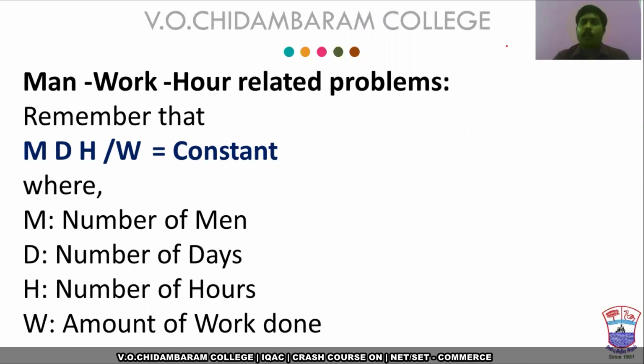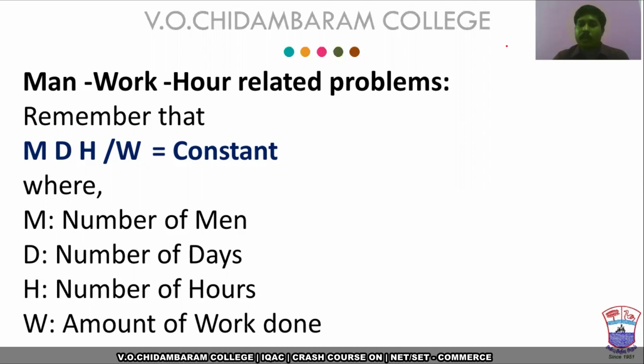That is, for 2 works x and y, M1 is the number of men, D1 is the number of days, H1 is the number of hours, and W1 is the amount of work done for x. So M1, D1, H1 and W1.